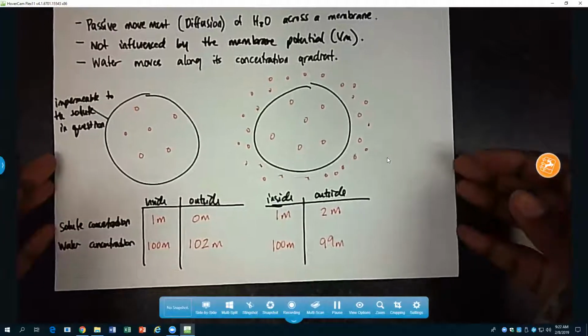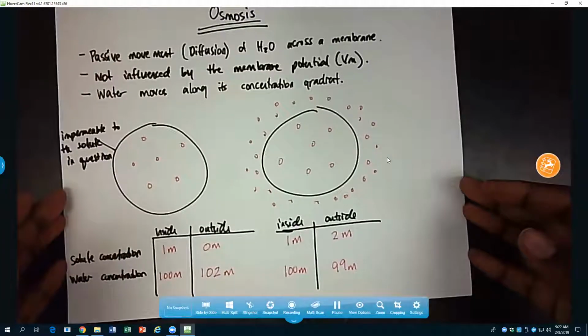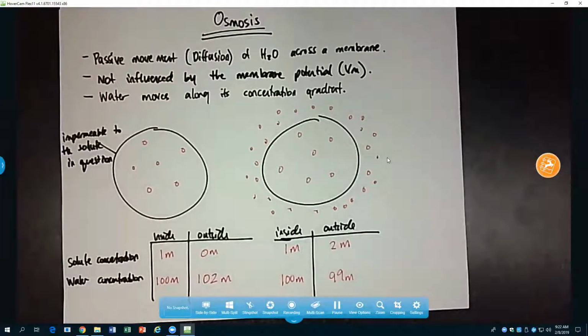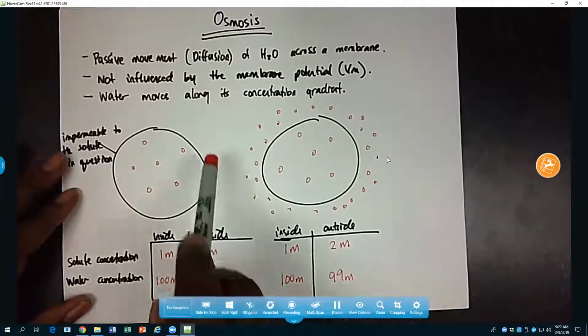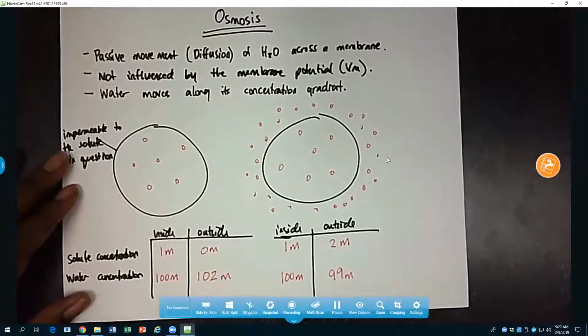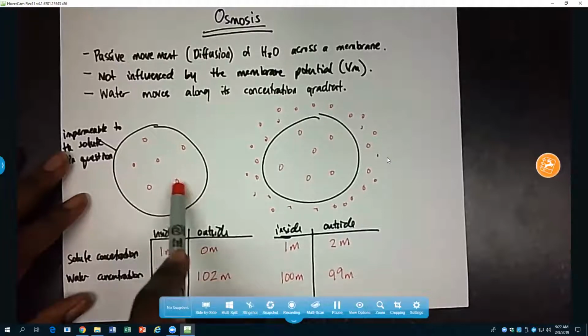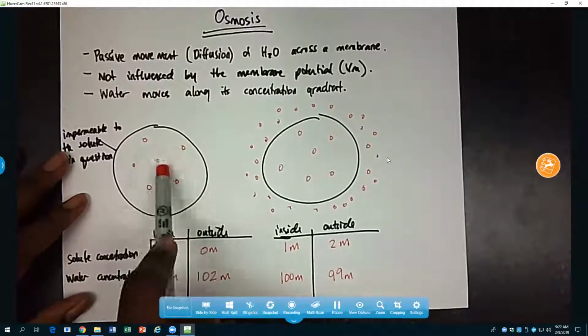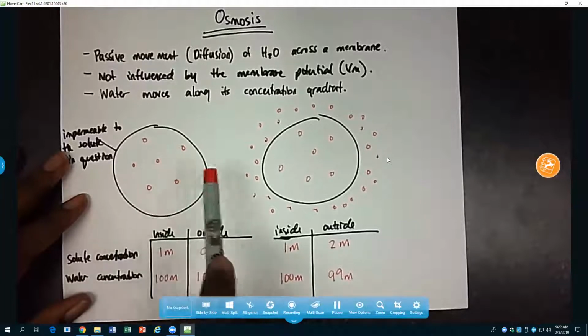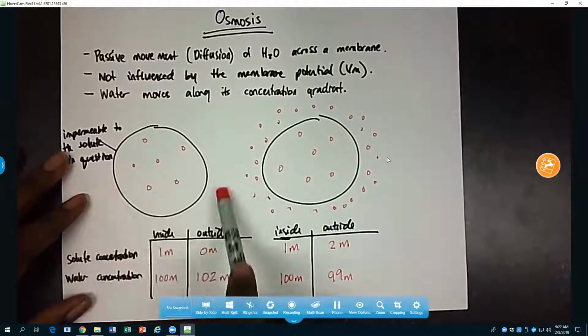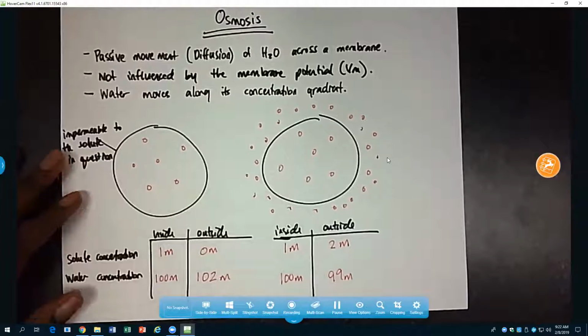All right, so in this scenario, let's look at the way that water will move. Let's look at the concentration gradient of our solutes first. In this first scenario, we have a higher concentration inside the cell and a lower concentration, 0, outside the cell.